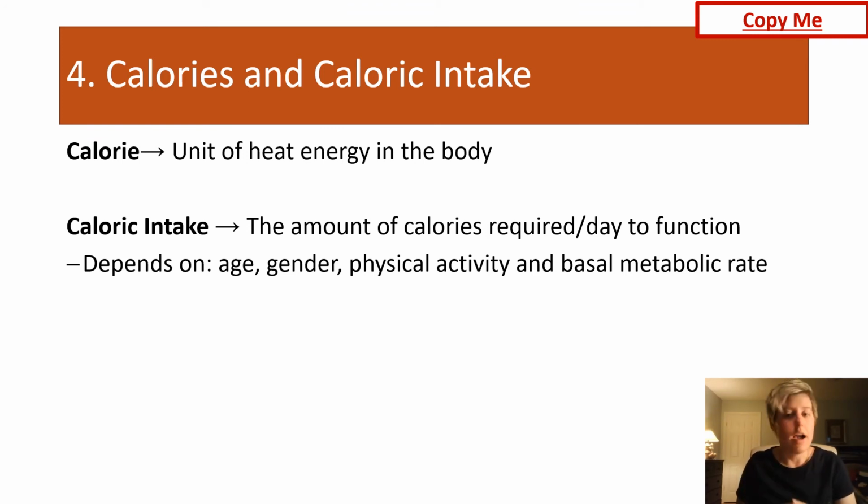If I'm comparing two people who are the same age and the same gender, but one is a pro swimmer and the other one is a student, the pro swimmer is going to have a higher caloric intake because the pro swimmer is much more physically active. So your caloric intake does vary from person to person.